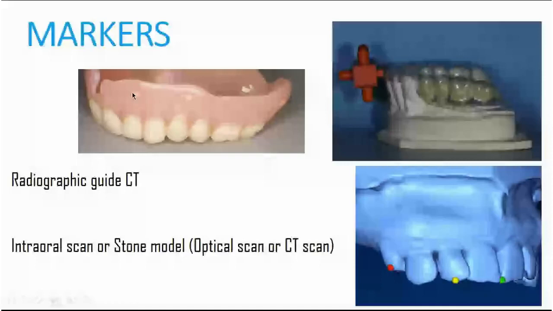So when we are talking about the markers, the upper part of the image is showing us radiological markers. One part of the radiological markers are gutta-percha points. They have defined number, size, and the position in which they should be, so the computer could recognize those elements together in a specific situation.